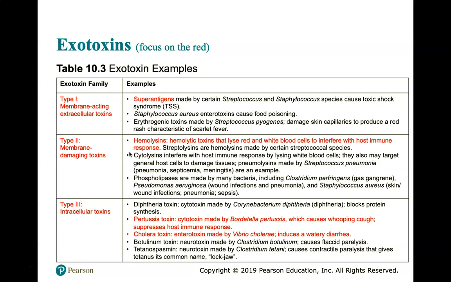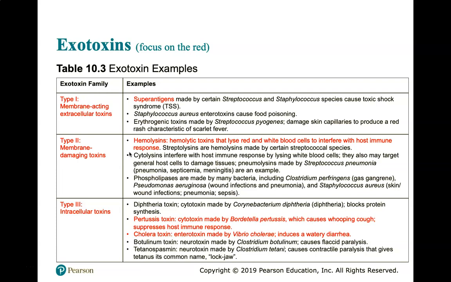So I could say in a test question, superantigens are a type 1, 2, or 3 exotoxin. Or I could say, type 1 is considered what? Membrane-acting extracellular toxins. Or I could say, what is type 3?